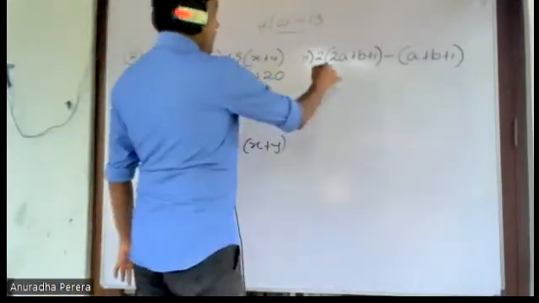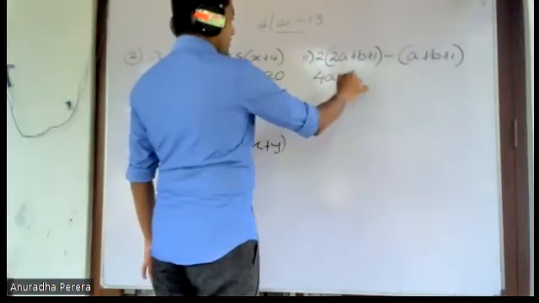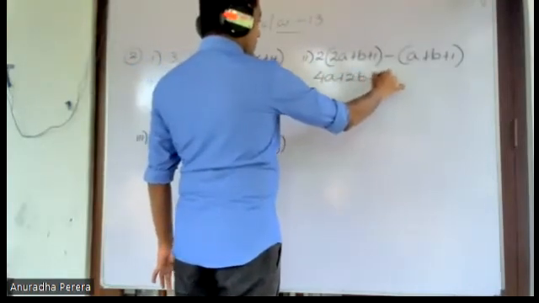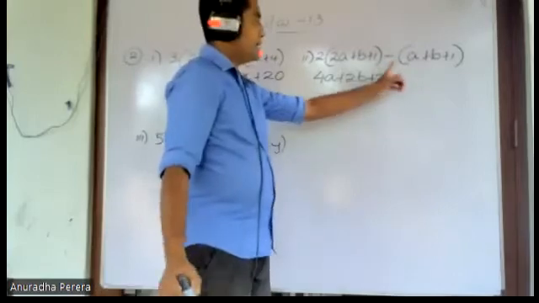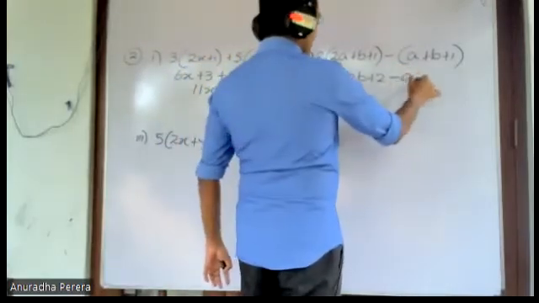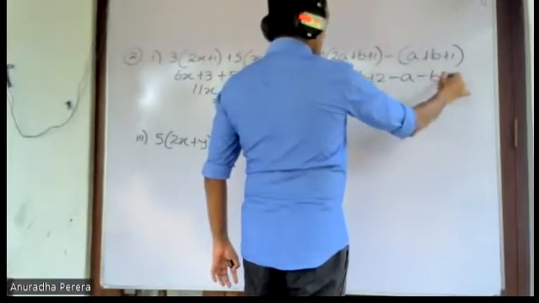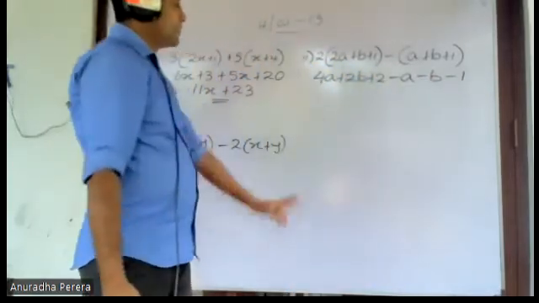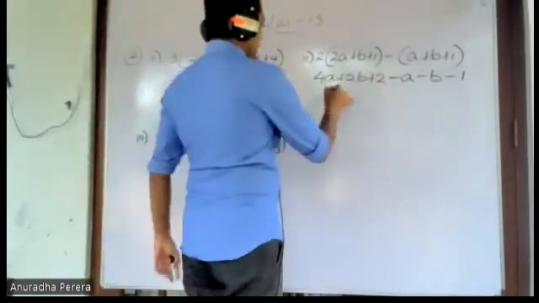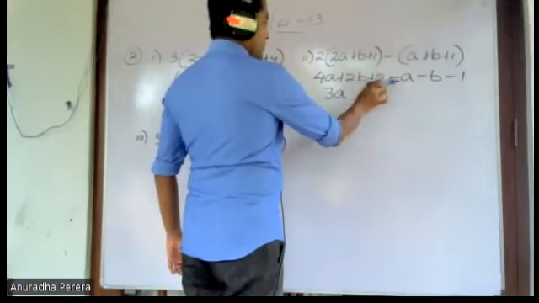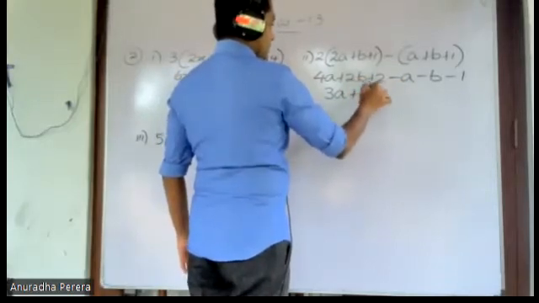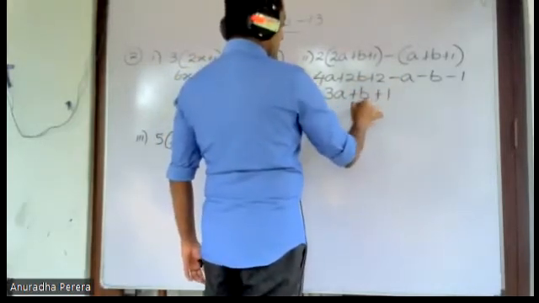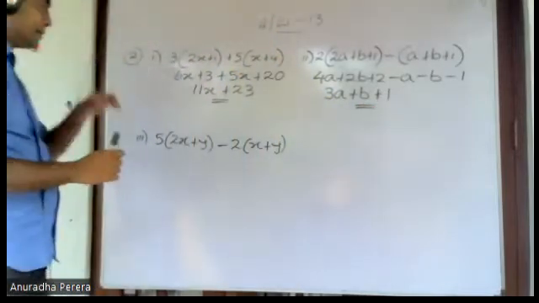Next one, 4a plus 2b plus 2, minus 1 into a minus b minus 1. Minus a minus b plus 1. 4a minus a, 3a, and 2b minus b, b, plus 2 plus 1, 3... Yes.